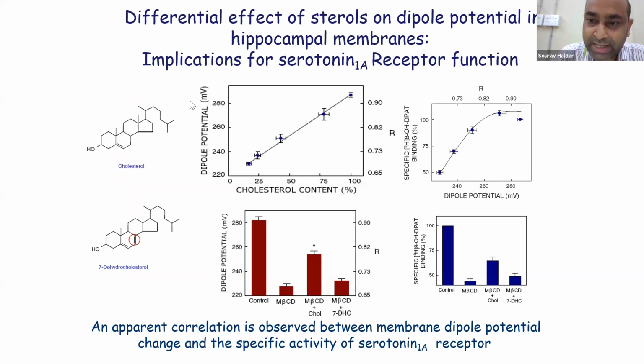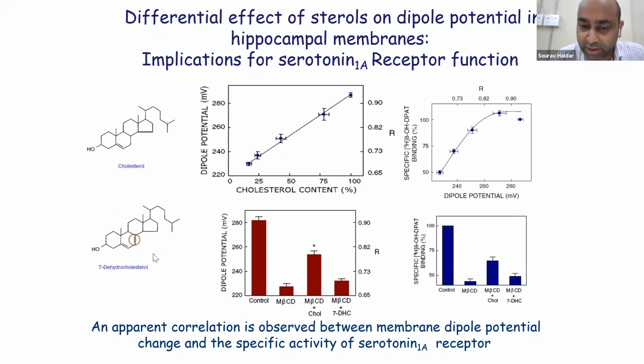Now, what we then did is we took out cholesterol using methyl beta cyclodextrin, and activity came down. But when we put back cholesterol, we actually got activity back. So that means dipole potential is one of the factors in influencing the activity of the serotonin 1A receptor.